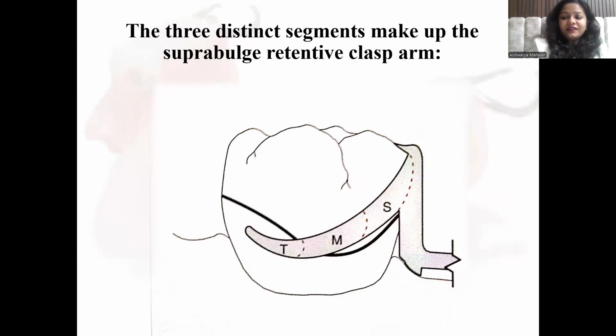Then we have the relatively flexible midsection of the clasp that continues along the abutment surface and approaches the height of contour, and the flexible terminus that crosses apical to the height of contour and contacts the abutment on a surface undercut retentive to the path of insertion of a removable partial denture. So it engages the undercut and provides retention to the prosthesis.